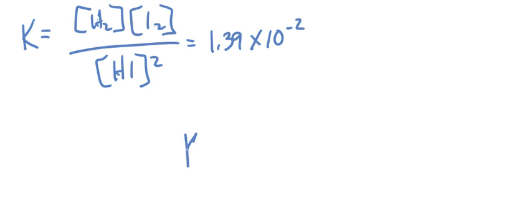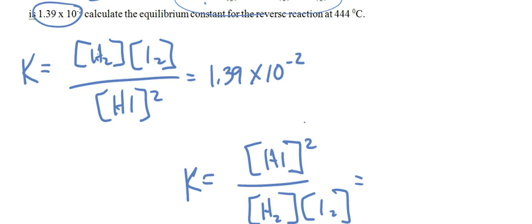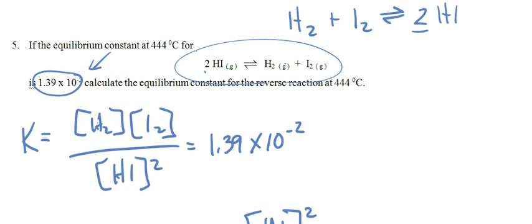So our K now will look like this. We'll have HI on top because we have the reverse reaction, and hydrogen and iodine are our reactants, and it wants to know what that value is. Here's what I want you to recognize. In the forward direction, this is our expression.